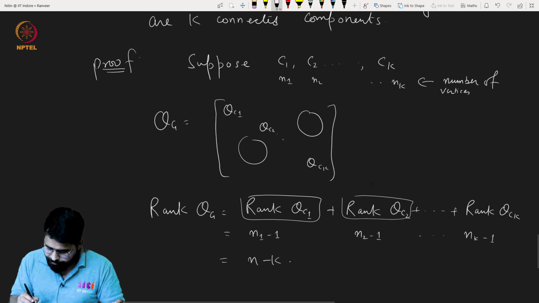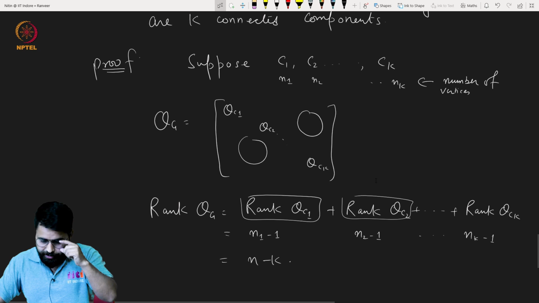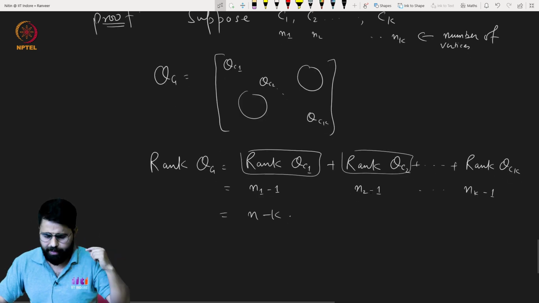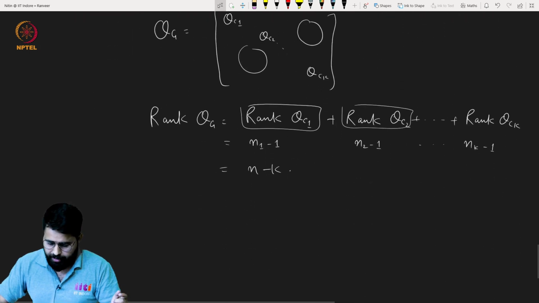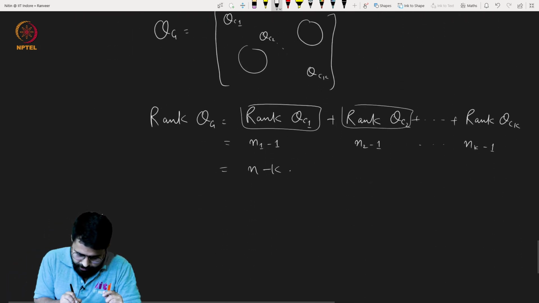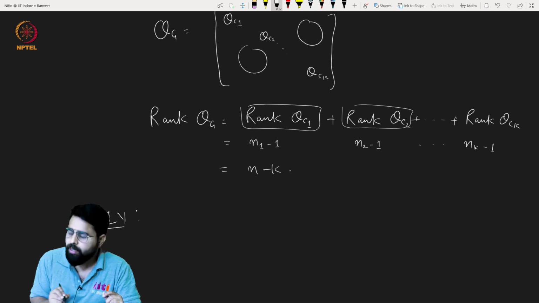Now before ending this lecture, I want to give another DIY, just a simple fact: prove that the same thing happens for the Laplacian matrix also.